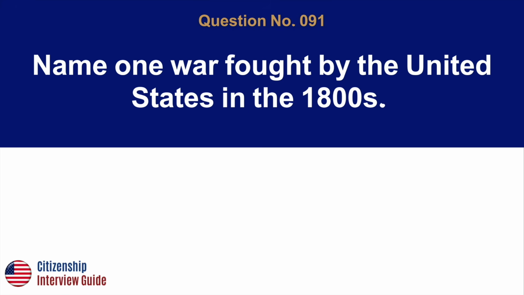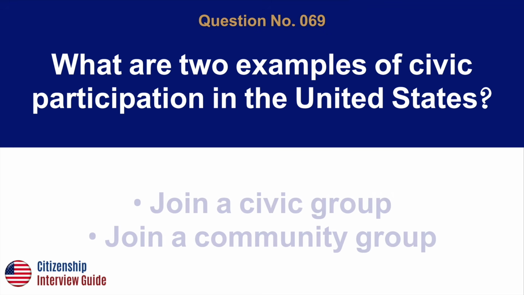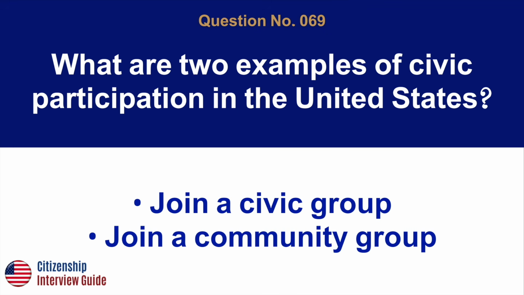Name one war fought by the United States in the 1800s. Civil War. What are 2 examples of civic participation in the United States? Join a civic group. Join a community group.